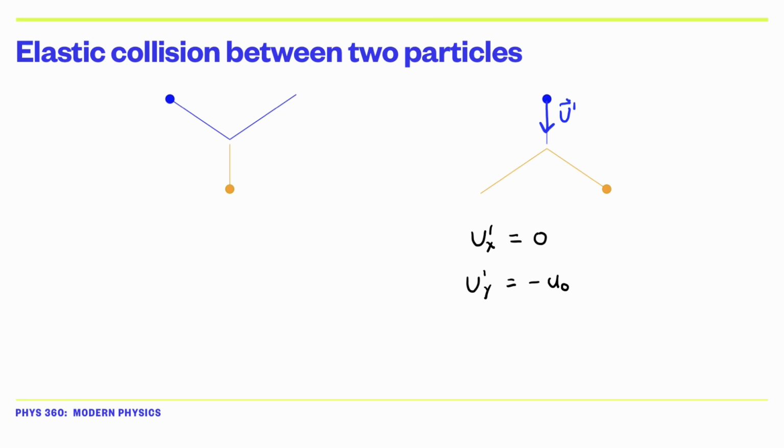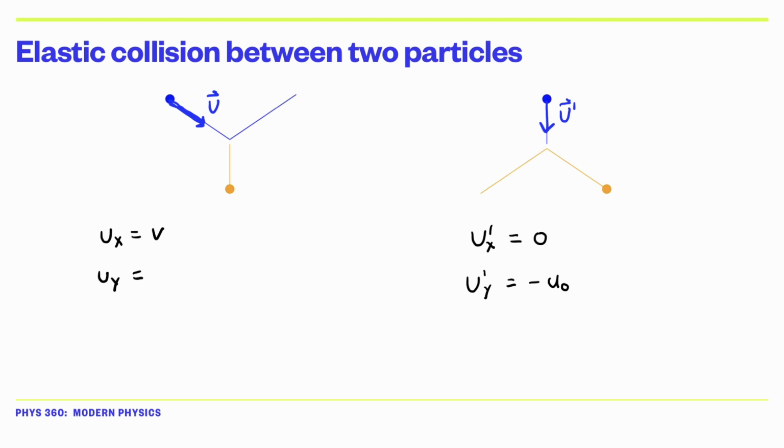Sam will measure the velocity of Sally's ball to be u in his unprimed frame. He will observe it to have an x component ux equals v, which is equal to Sally's horizontal velocity.